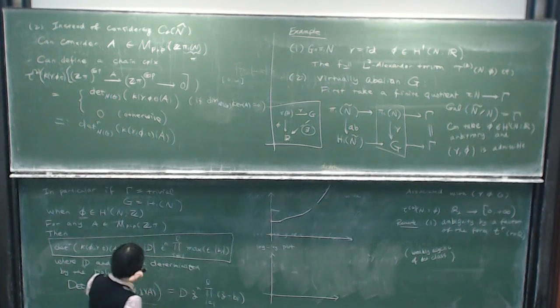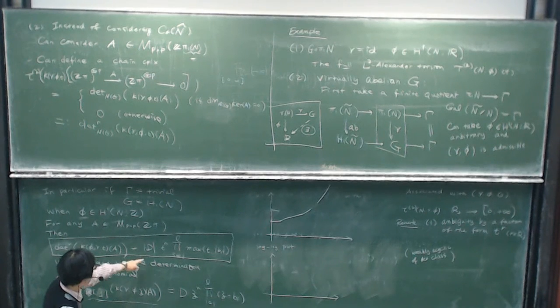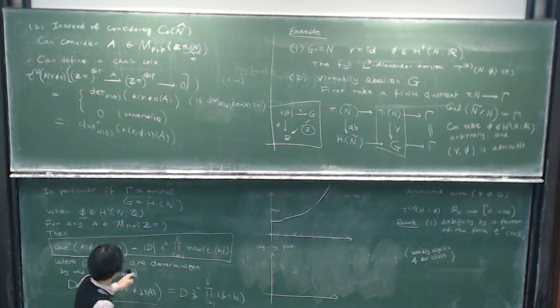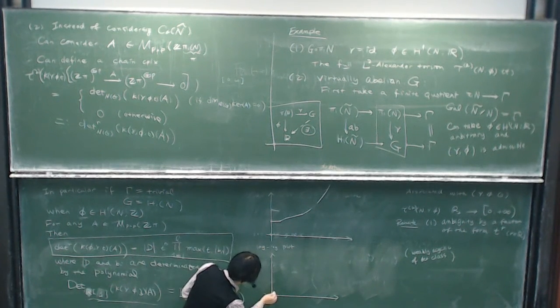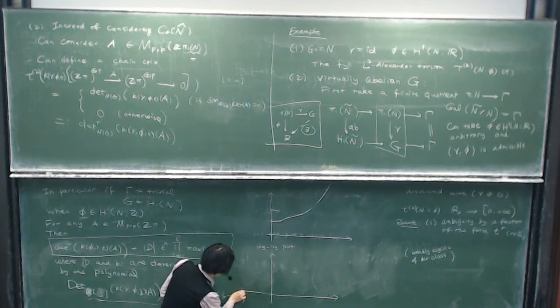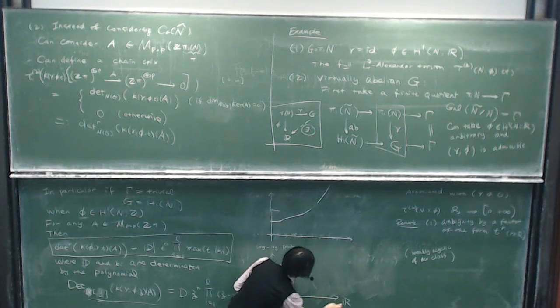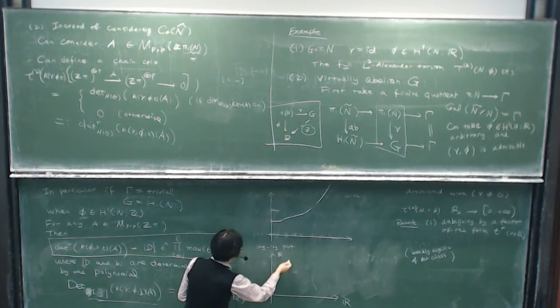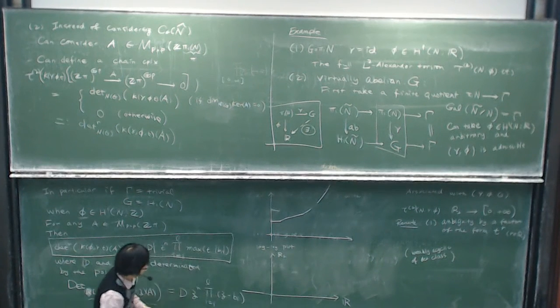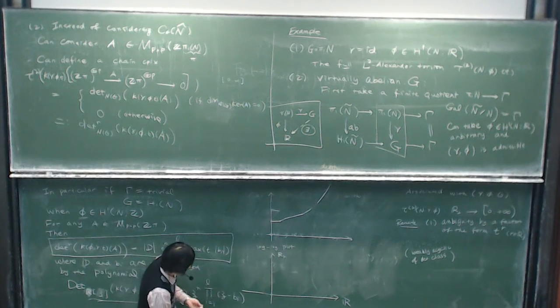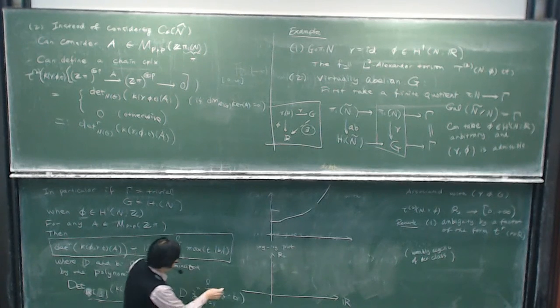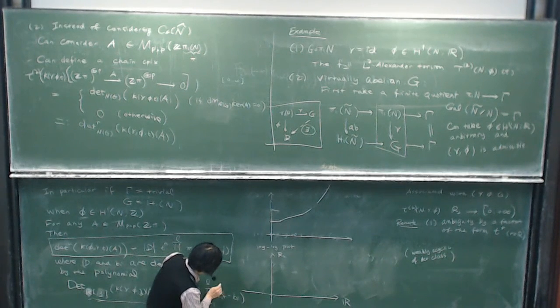At the beginning, it might be just some constant d. So you will see something like this. It goes from negative infinity to positive infinity. At the beginning, it would look like some horizontal line.